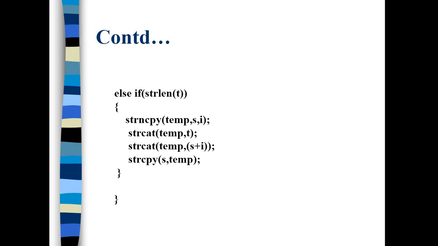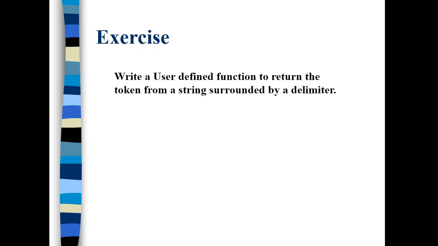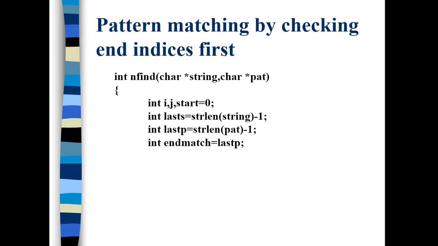Then the complete string in the temporary string is transferred to string s. So I just want you to try out this exercise: write a user defined function to return the token from a string surrounded by a delimiter.